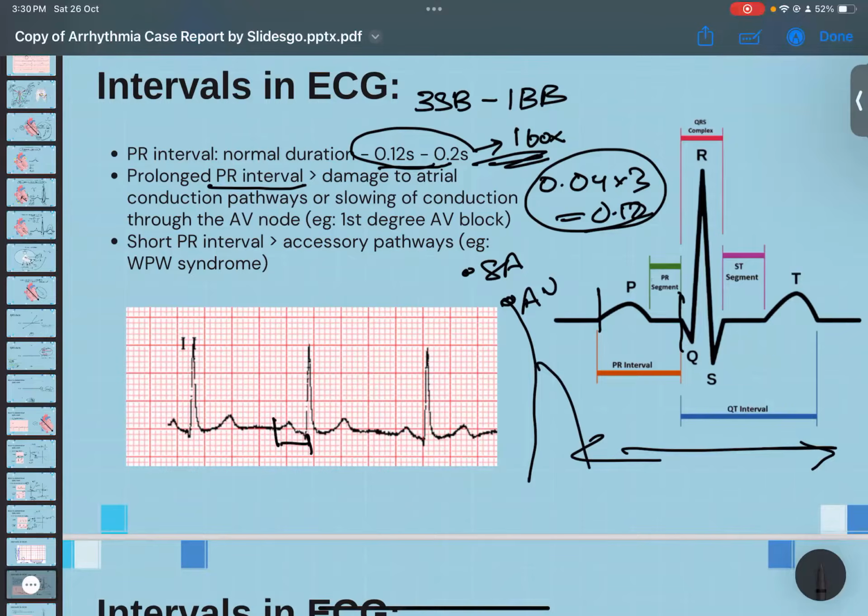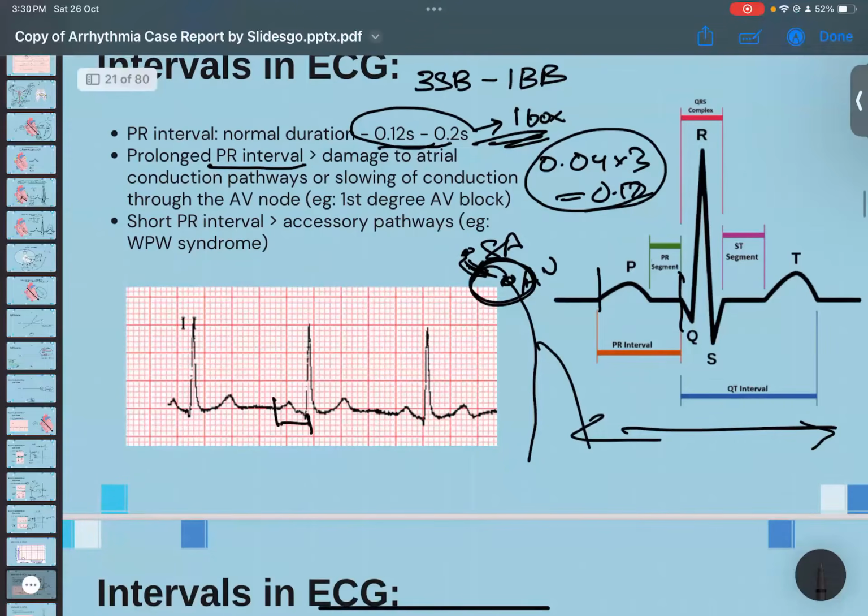If you have a prolongation of the PR interval, either something is obstructing the conduction from the SA node to the AV node, or there's damage to the AV node itself. That's why it's taking so much time for the electrical impulses to travel from the atria to the ventricles and generate a contraction.